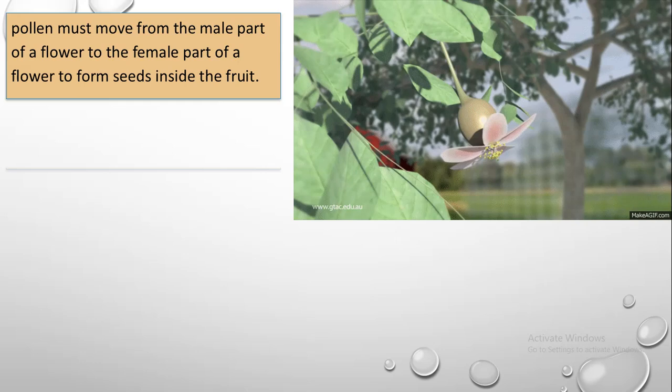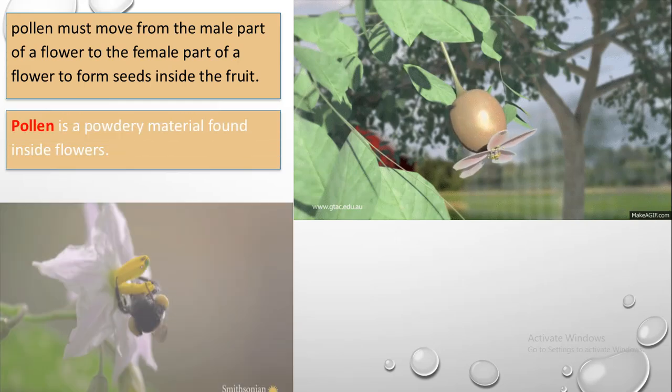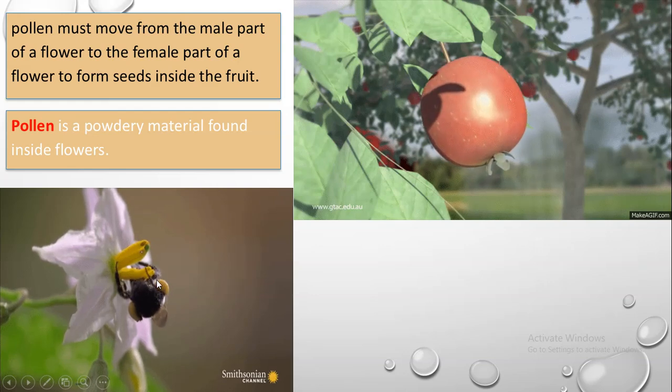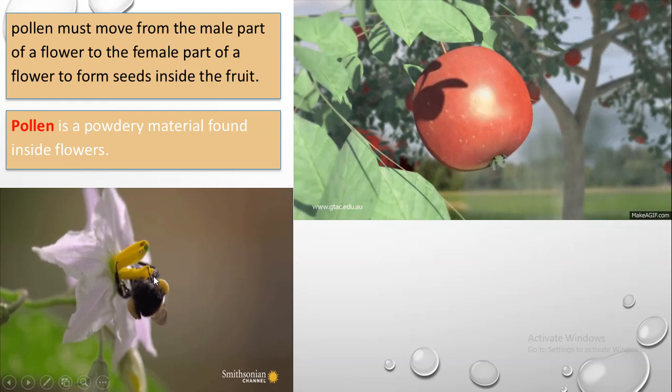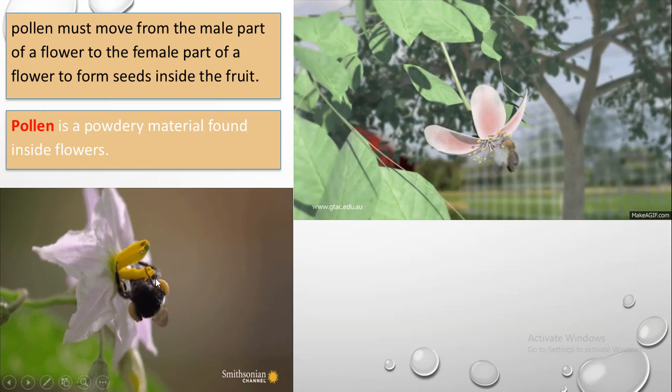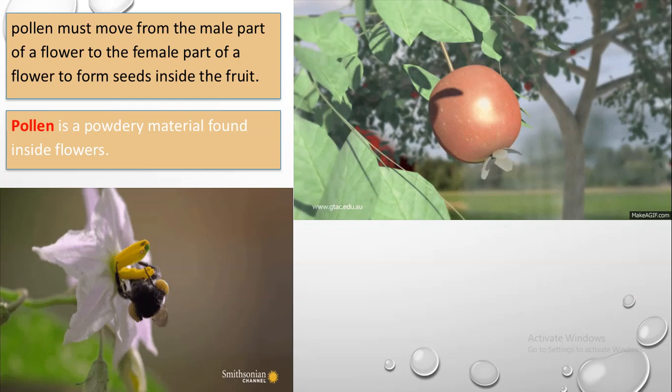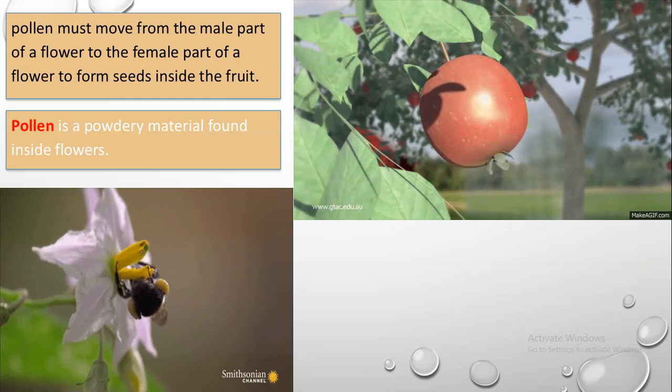Inside the flower, can you see the white dots that are flying around? This is the pollen. A pollen is a powdery material found inside flowers.